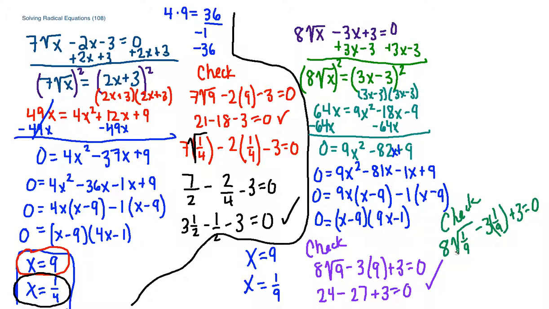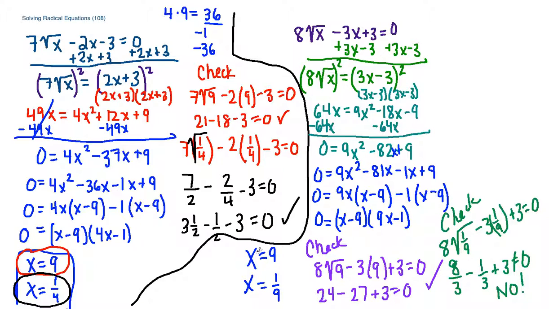So the square root of 1/9 is 1/3, so I have 8 times 1/3, so that would be 8/3 minus 3 times 1/9 would end up being 1/3 plus 3 equals 0. 8/3 minus 1/3 would be 7/3 plus 3, which is not going to be equal to 0. So this is not true.